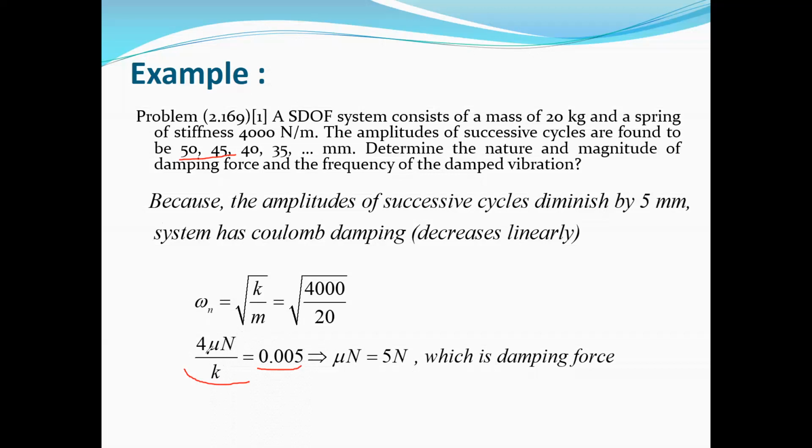Then we can find mu N from this equation, because k is given data, it's equal to 4000 Newton per meter. We can calculate that mu N is equal to 4,000 times 5 millimeters divided by 4, and it's equal to 5 Newton. So this is the damping force in each cycle.